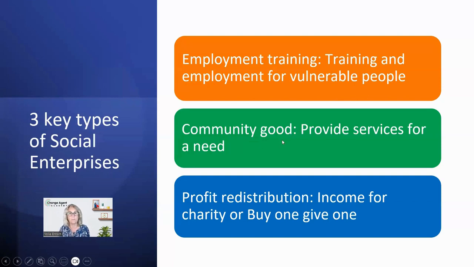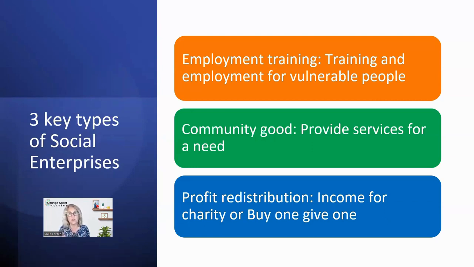The second type is where the social enterprise meets a community good and provides services for a need. So an example is a DLD organization, and it provides services for people with a disability and for their support structure.